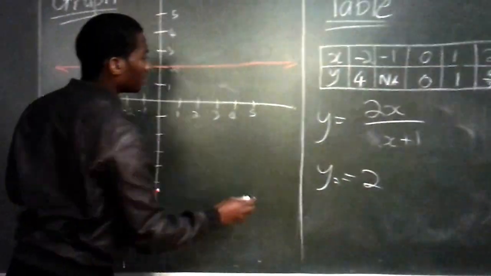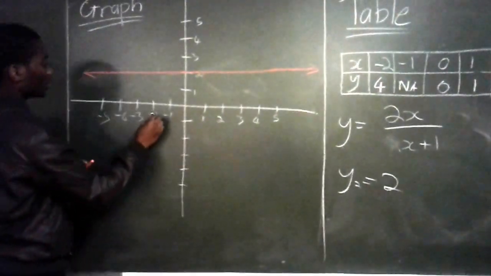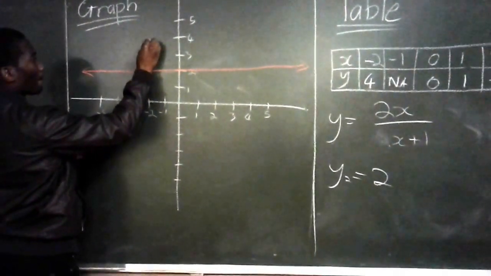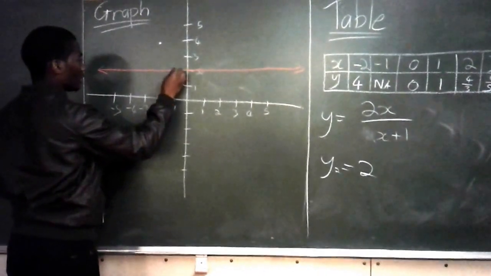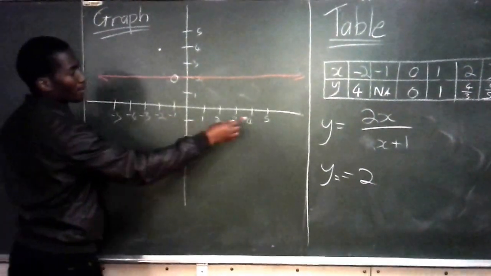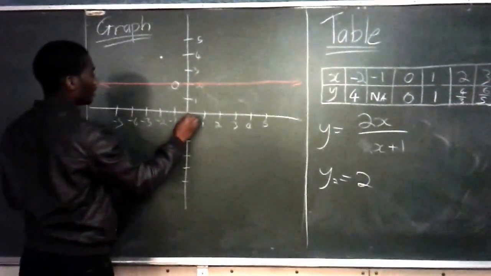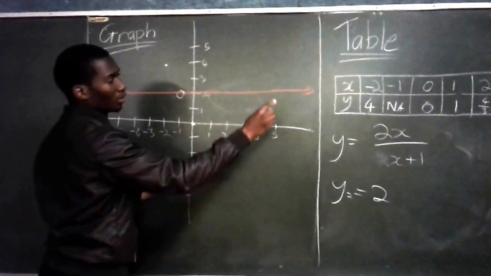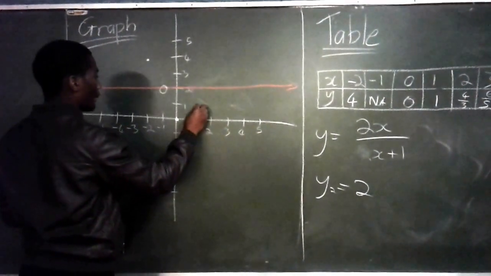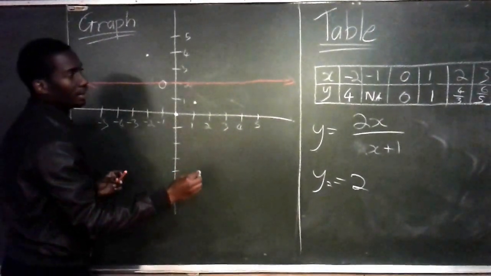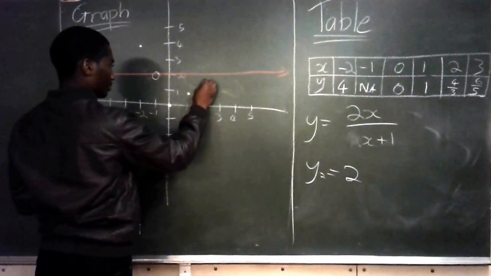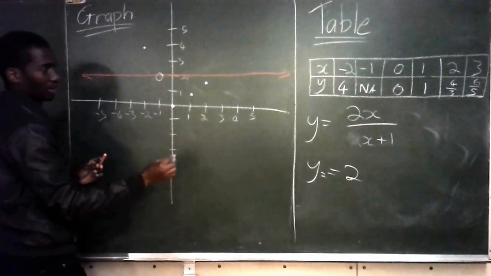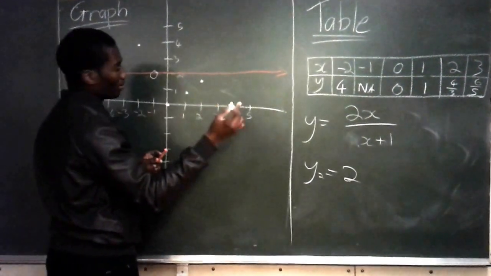The point where they intersect will be the x value where the two graphs are equal. For this, we can say from minus 2, we have 4. For minus 1, it's not applicable. For 0, we have 0. For 1, we have 1. For 2, we have 4 over 3, which is 1 comma something.